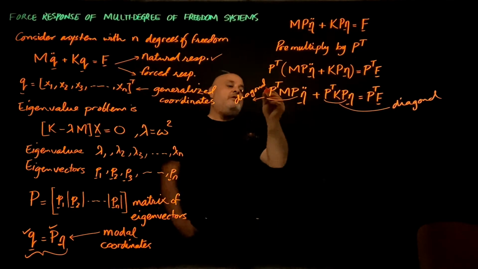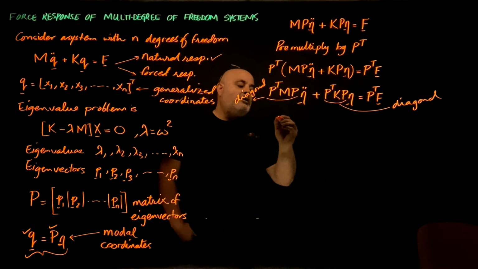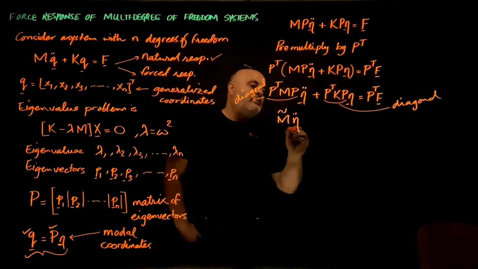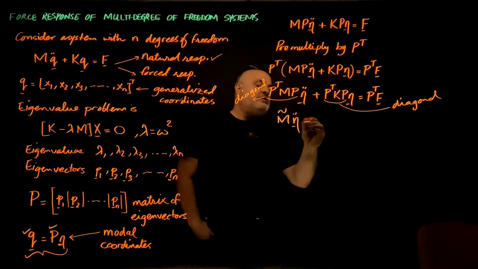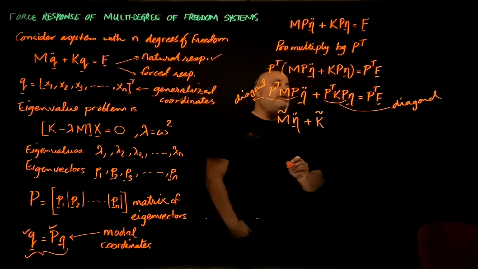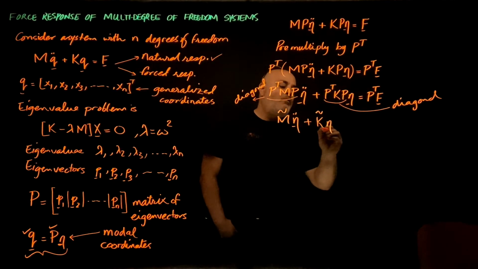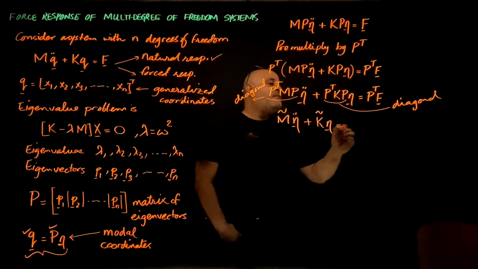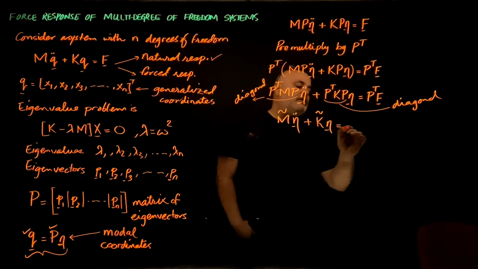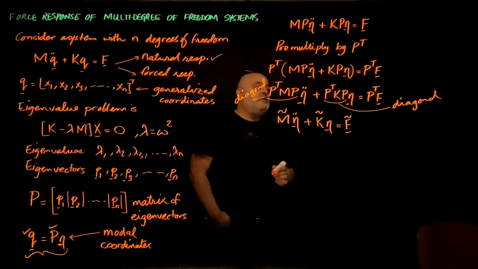So let me call this P transpose MP, we call it M tilde eta double dot plus K tilde eta equals P transpose times F, matrix times vector is a vector. I'm going to call this new vector F tilde.